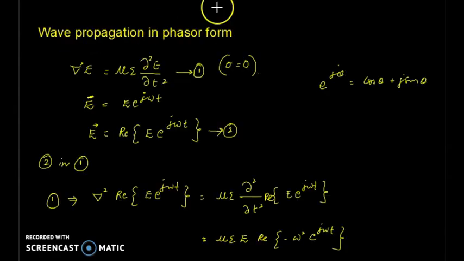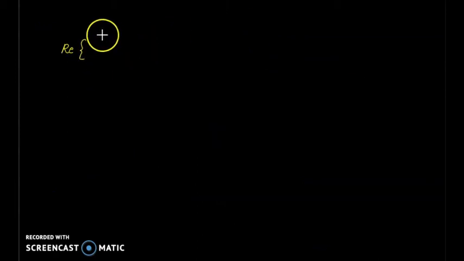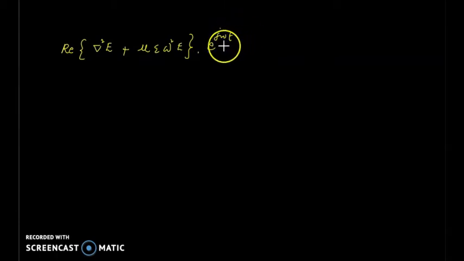You take the real part outside, because on both sides we have the real part, and you take the divergence multiplied inside, plus mu epsilon omega square E, and we can take out e power j omega t, the complex exponential function, which is common on both the right hand side and left hand side.